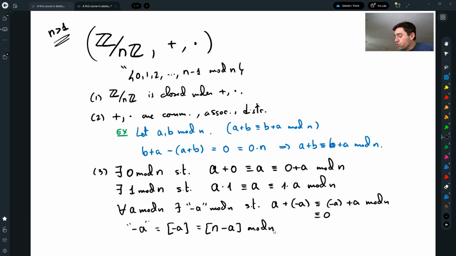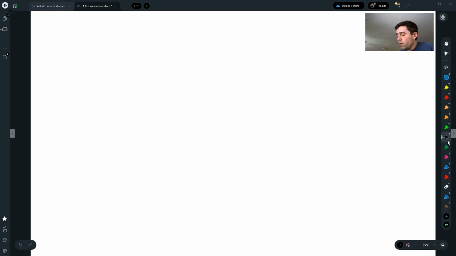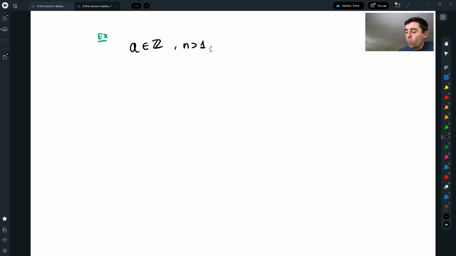So we can show that, for example, if I take any integer A, and n bigger than 1, what happens if I add A and n minus A?